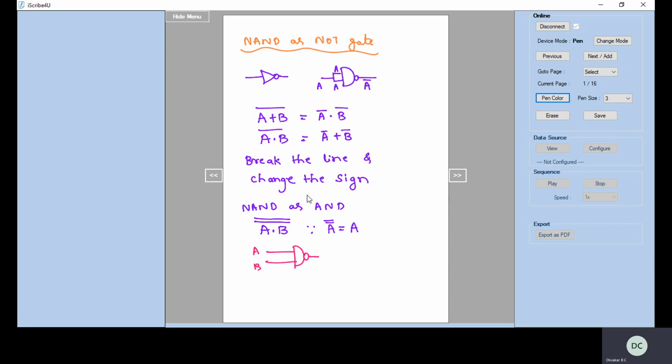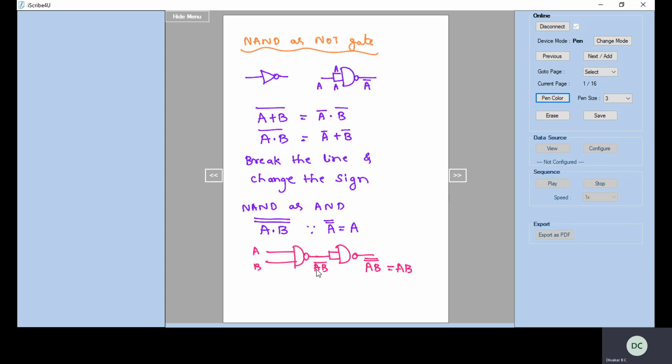The output of the NAND gate is AB bar. So how many complements are there here? One complement. Again, take the complement for this. So now we'll get AB double complement, which is nothing but AB.